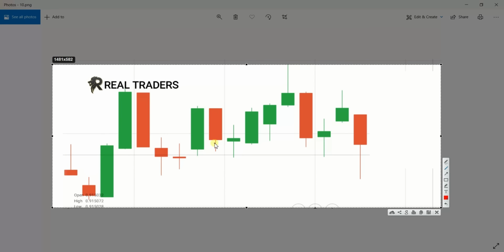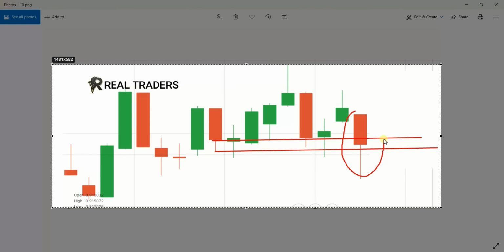Okay, you can see again this level. As I told you, the levels are an area, and you can see the candle closed between these two lines, so it is at the level, and you can see very strong rejection from the buyers.